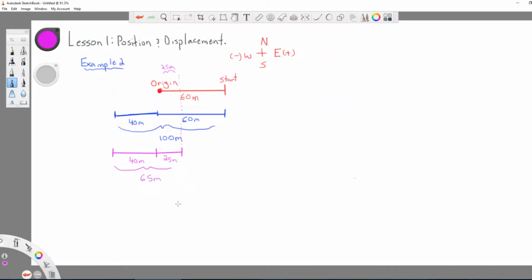Let's do some math now. We have our little bit of a diagram drawn out. Let's do the displacement. It gives us a formula for displacement.